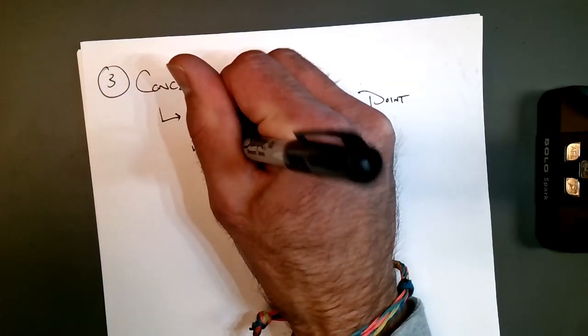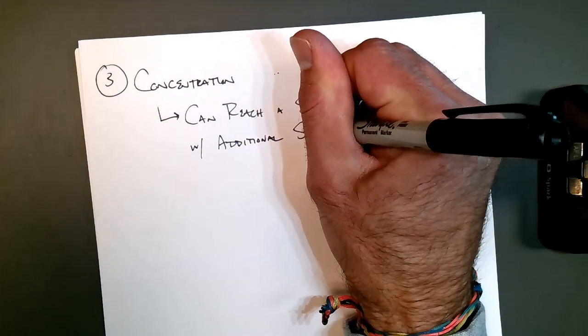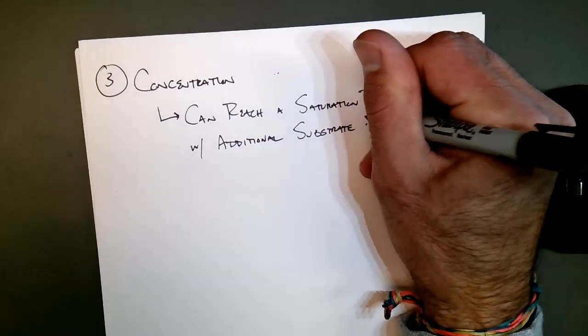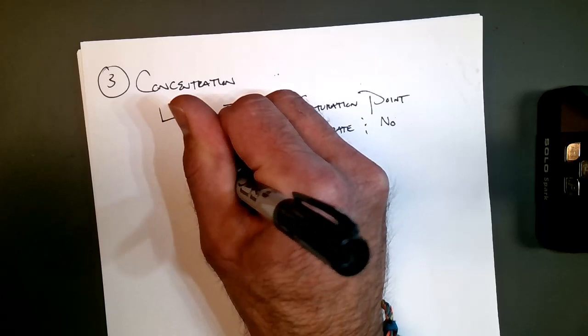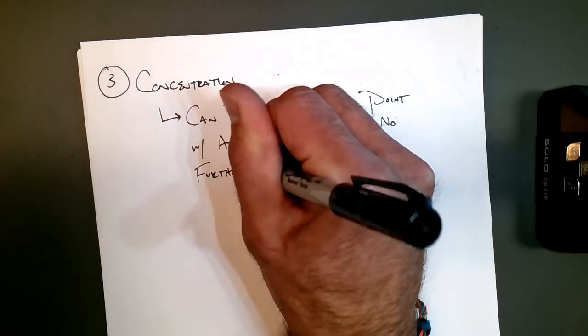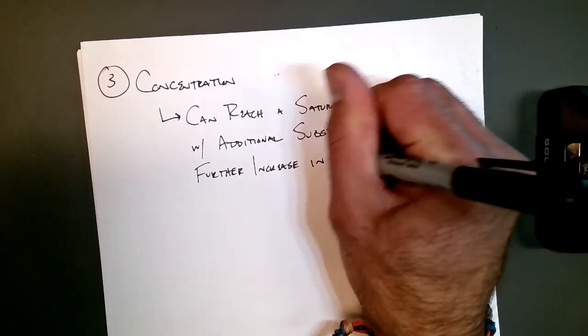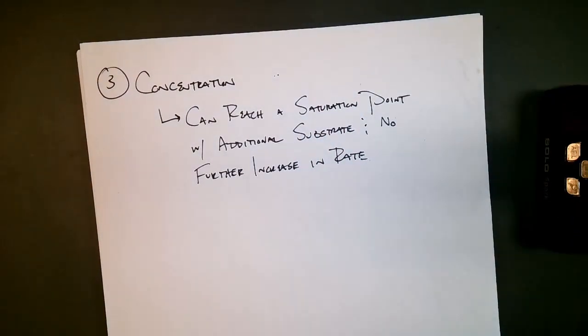So again, you can reach a saturation point with additional substrate, and there'd be no further increase in rate. If you just add more enzyme, you're going to see kind of an exponential curve, and you're always going to get a greater rate of reaction.